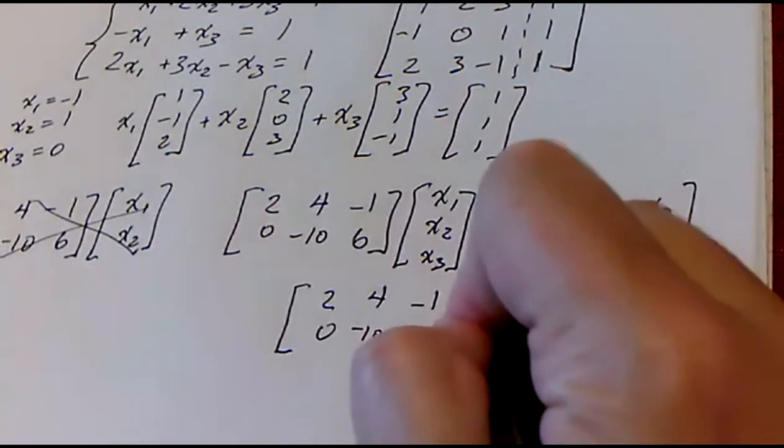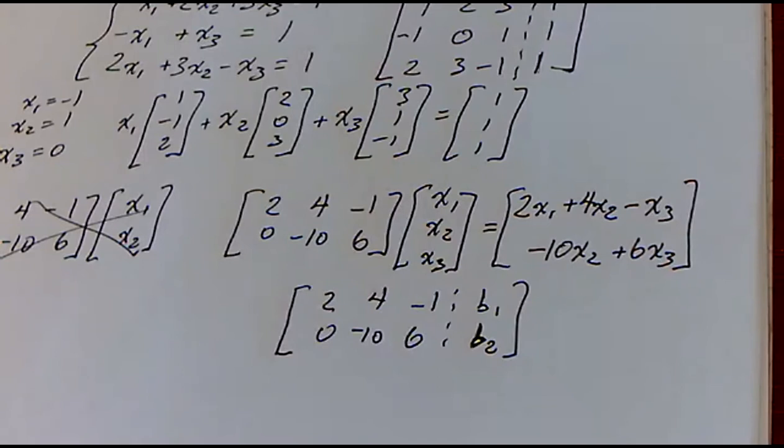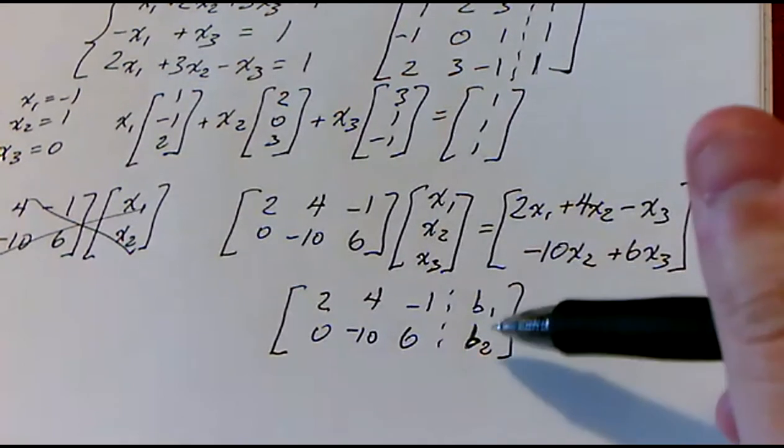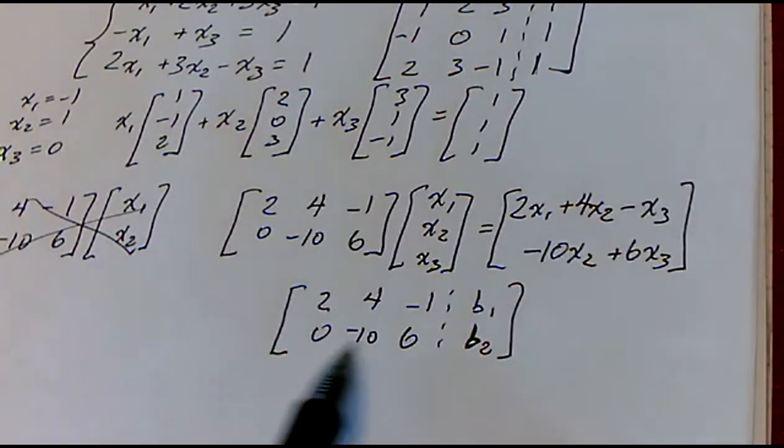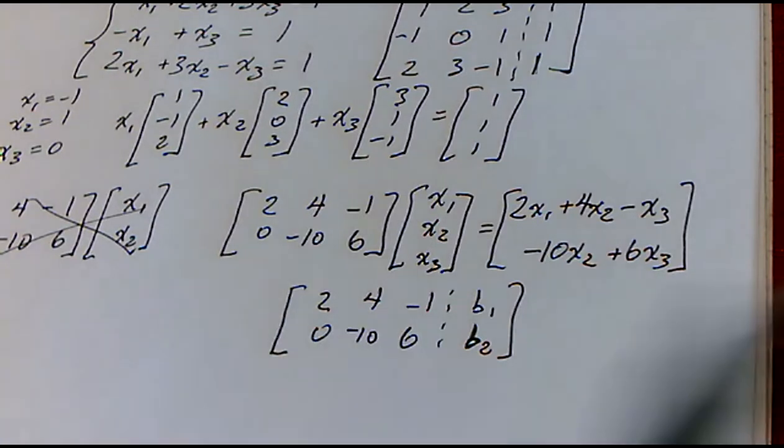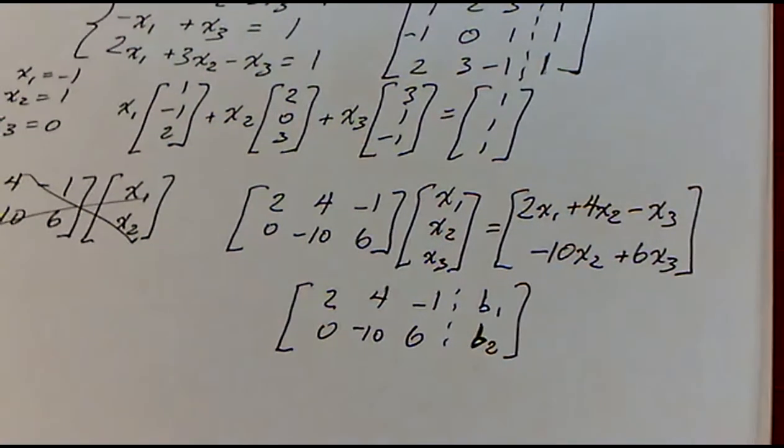I gave it B1, B2, since in the matrix equation, a lot of times we call it vector B. Okay, and so this vector B is a linear combination of the vectors here. Okay, so matrix equations go with vector equations.